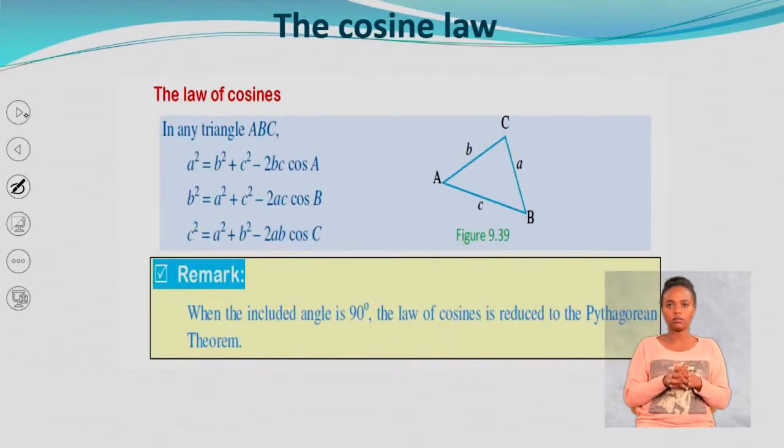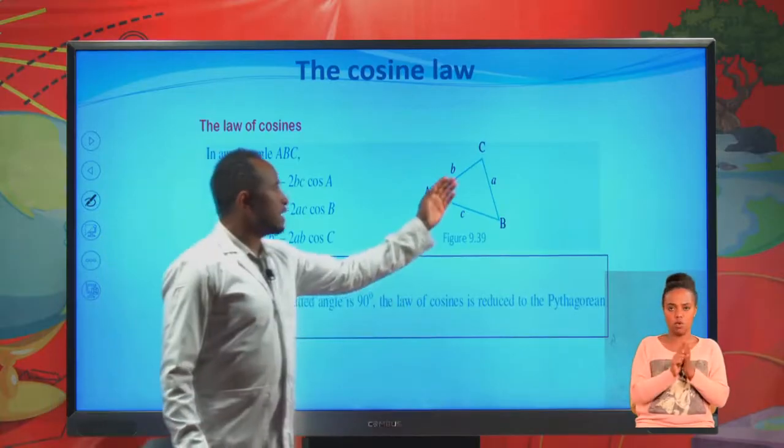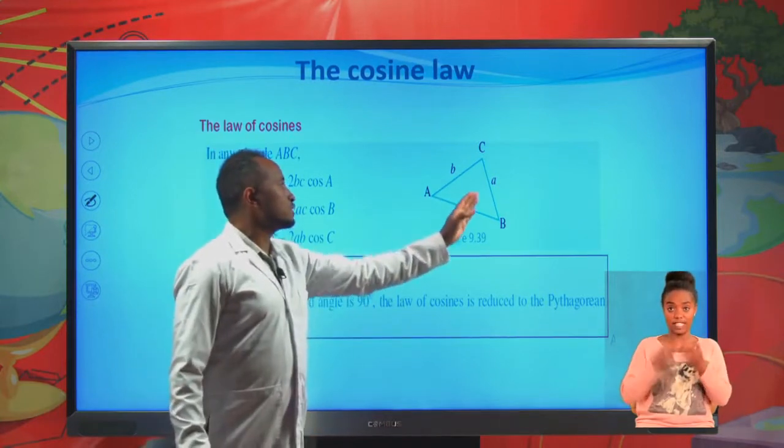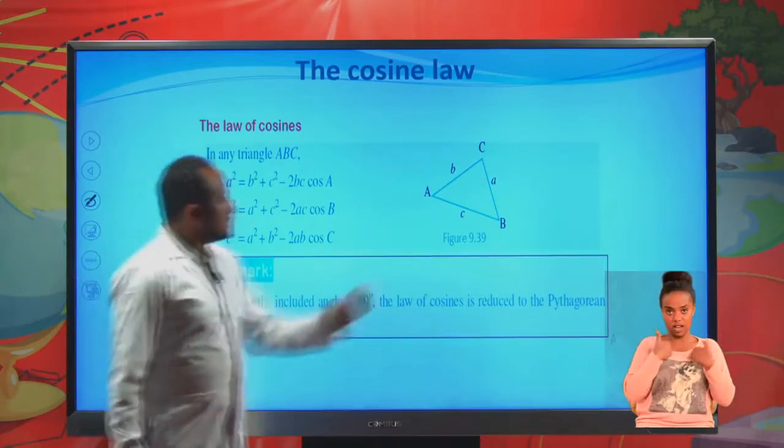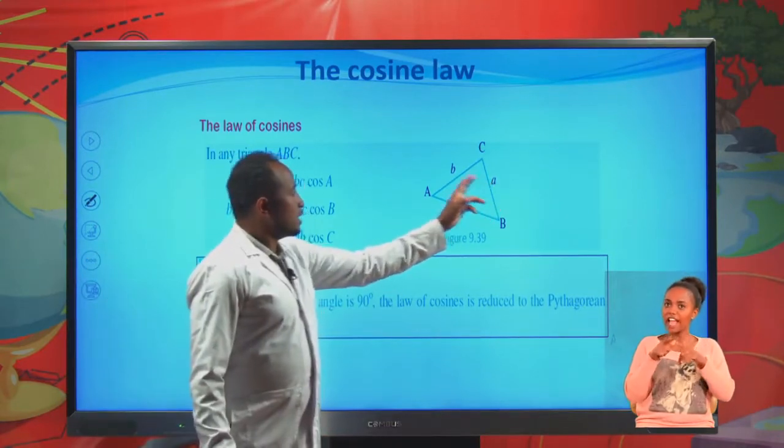The law of cosines. If we have this triangle ABC with sides A, B, and C, to find this length, you can apply this formula.